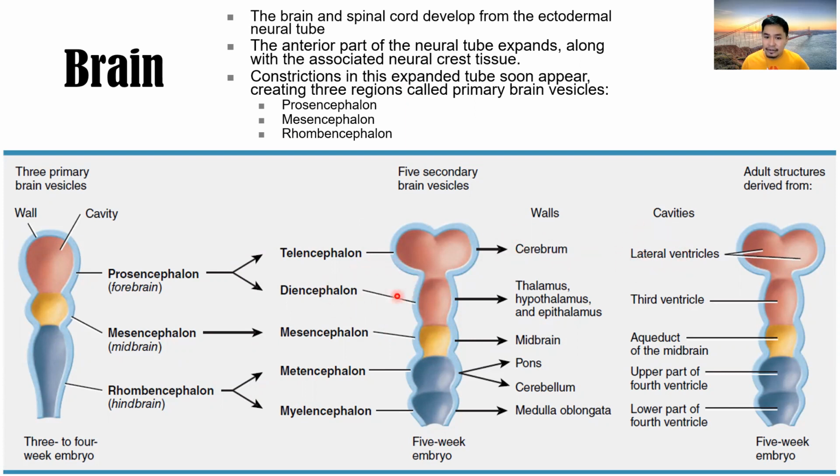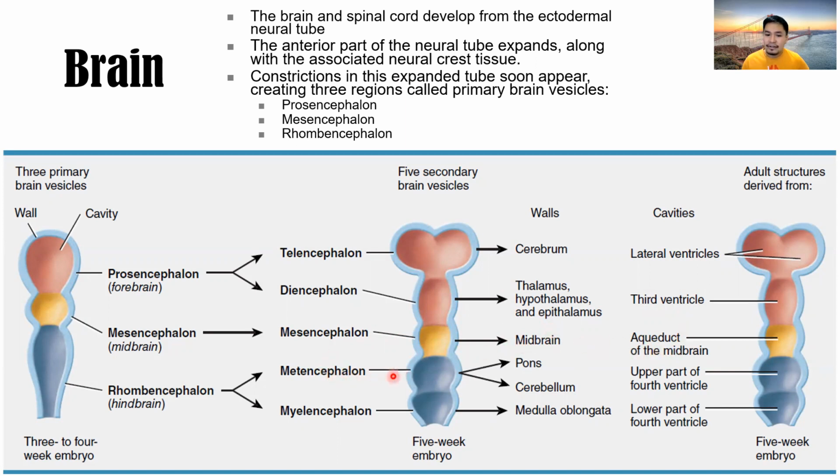Your diencephalon will make up your thalamus, hypothalamus, and epithalamus, and your third ventricle. Your mesencephalon will develop into your midbrain and aqueduct of the midbrain.